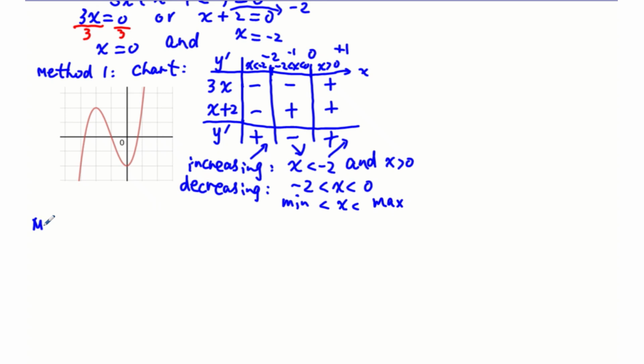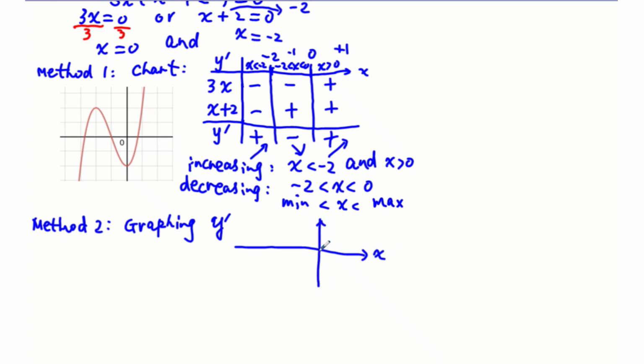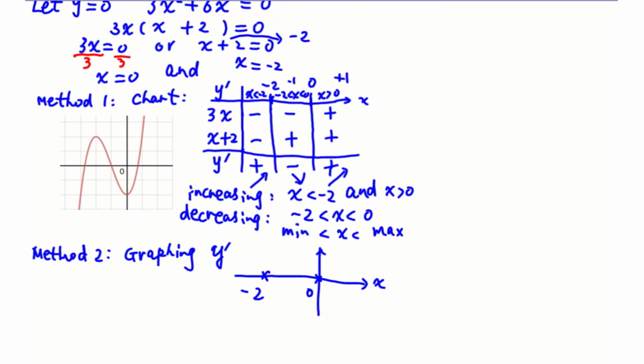Then the second method. Method 2, we just graph f prime, the y prime, right away. So we have the x-axis, and we have two zeros. One is x equals 0, another one is x equals -2. The same thing, we draw 3x times x plus 2.